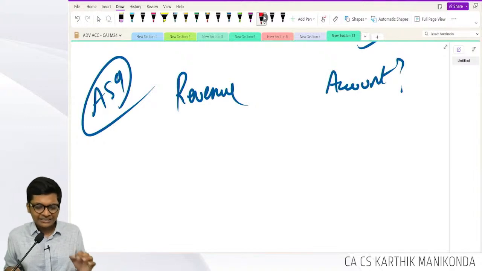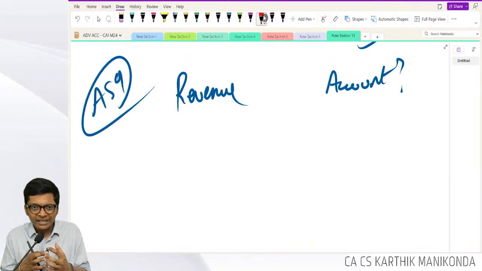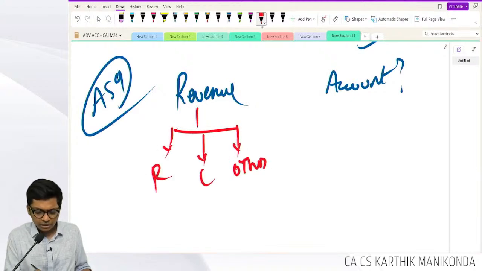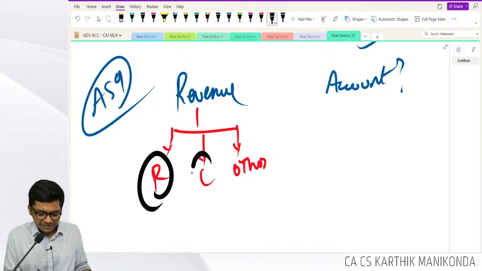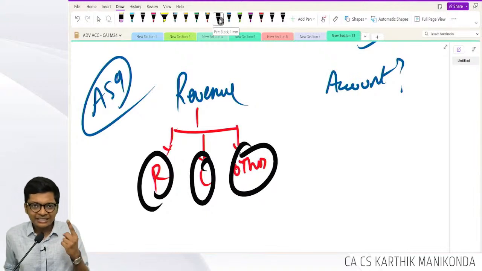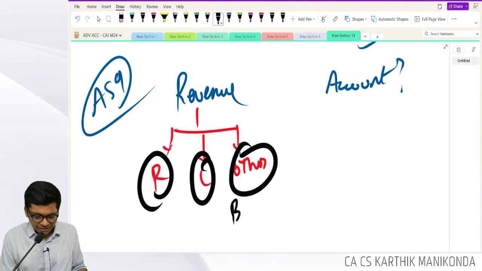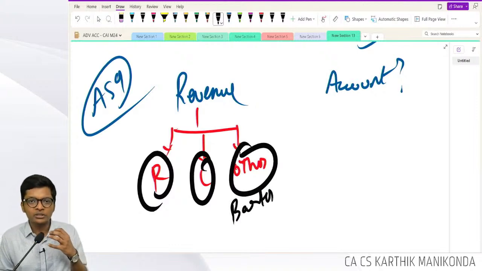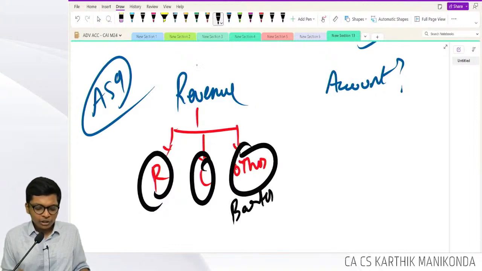Revenue is defined as gross inflow of receivables, cash or other consideration. What do you mean by that? Credit sales, cash sales or other consideration, which means revenue also includes the barter system. Revenue from where?